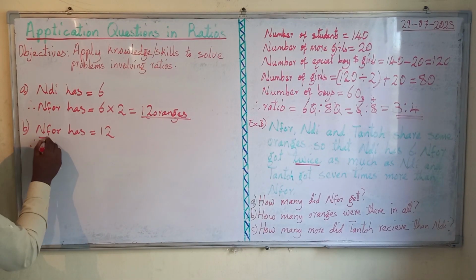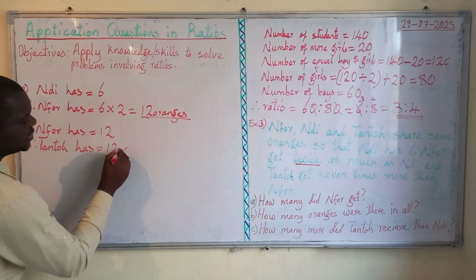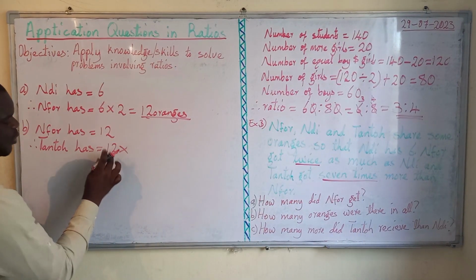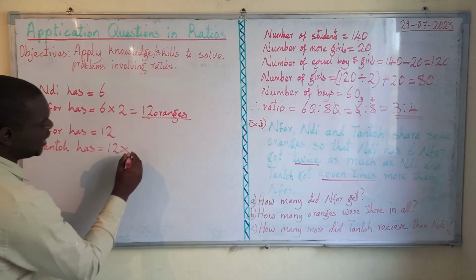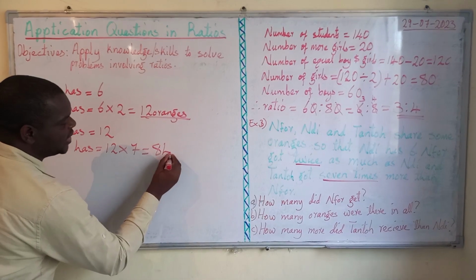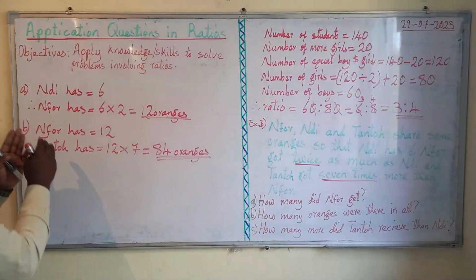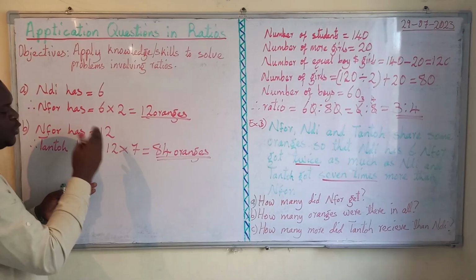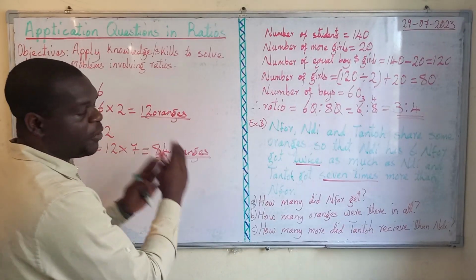Therefore, Tanto has Mfo's share times 7. So we multiply Mfo's share by 7, which is going to give us a total of 84 oranges. Mfo has 12, and so Tanto, who has 7 times more than Mfo, should be having 84 oranges.